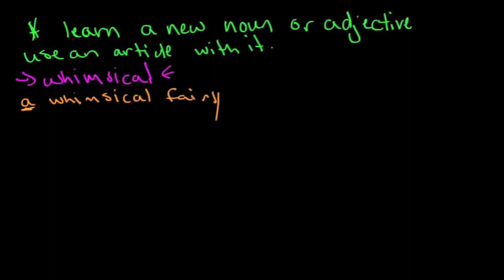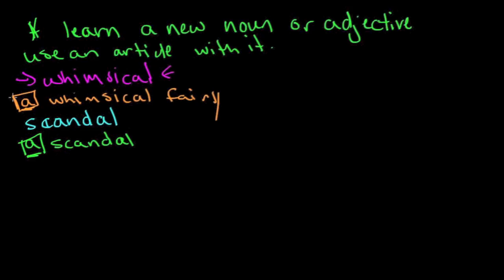Or if today, while reading about politicians, you learned the word scandal, don't just write scandal, write a scandal. So include the article with it while you're learning new adjectives and nouns. Just learn to write down the article so that you learn that you always need to say it and you always need to write the article.